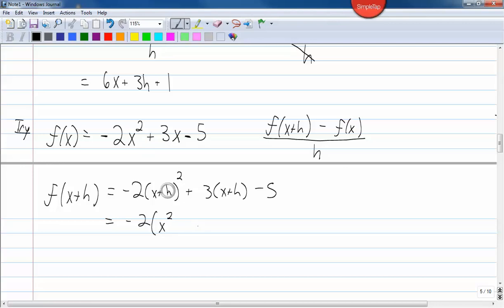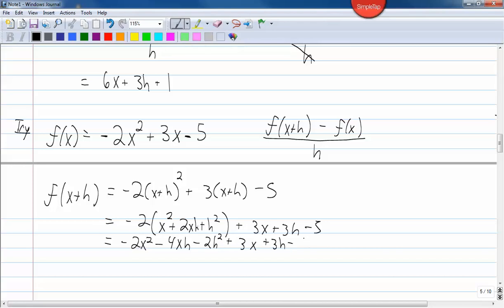We've already done that, so I'm just going to write down what it was equal to. Now we distribute a negative 2. There's f of x plus h.